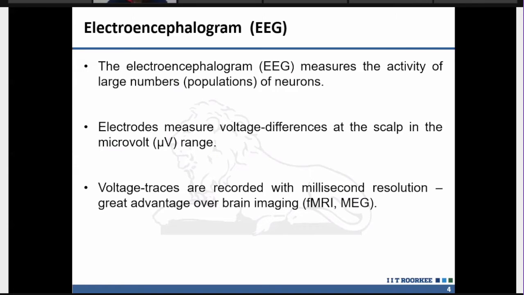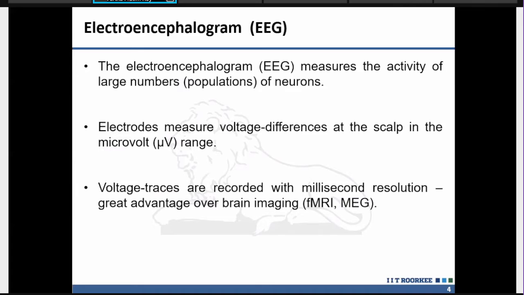Okay, so you have lots of neurons, and according to your actions, it could be blinking of eyes, hand movement, muscle movements, internal muscle movements, or any other activity, there will be several changes in the neural signals, and those signals are captured by the electrodes in EEG. Okay, so we have some sensors.